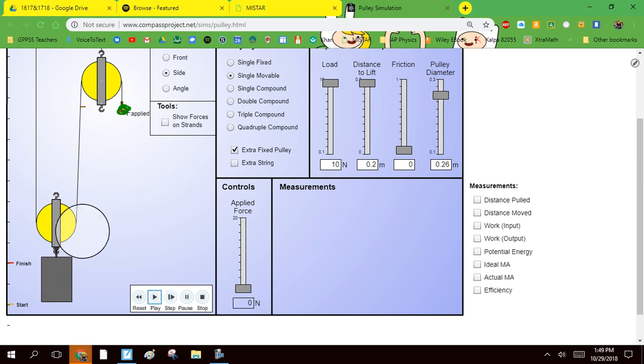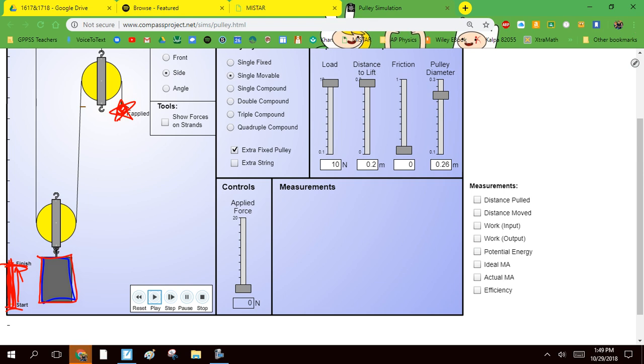What we're going to try to do is lift this block up through this distance. Notice, 2 little hash marks. So we're going to lift the block up that distance, and to do that, we're going to pull this end of the rope down some distance, and I want you to watch how far we have to pull this end of the rope down to get this to go up this distance here.